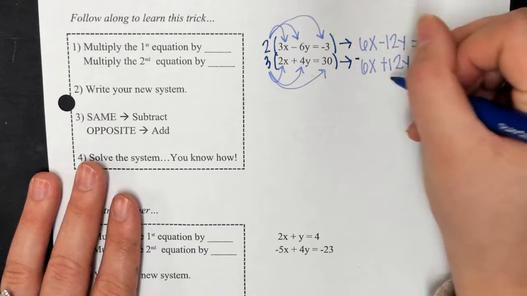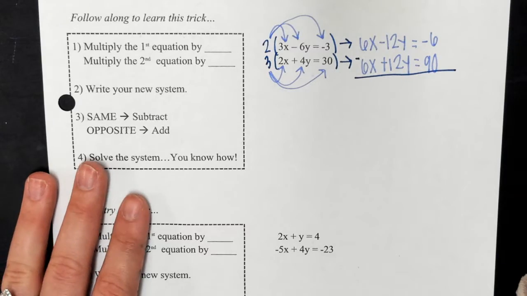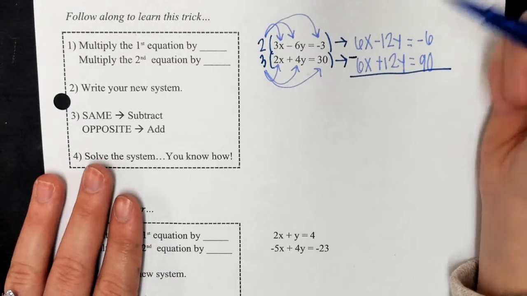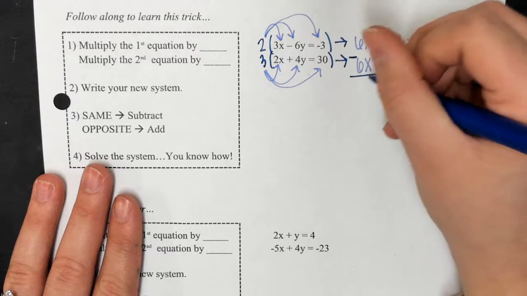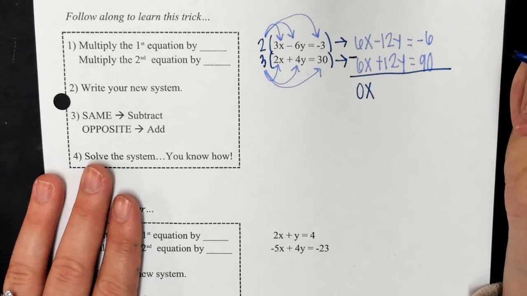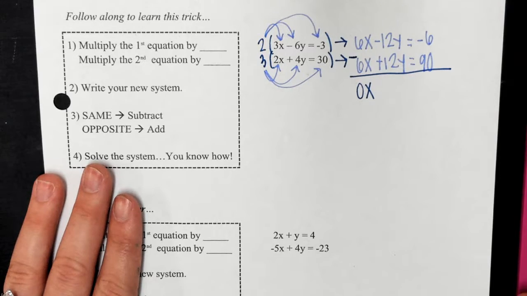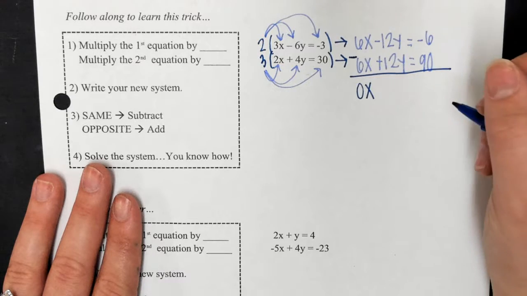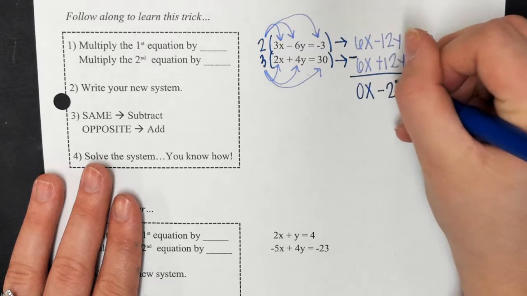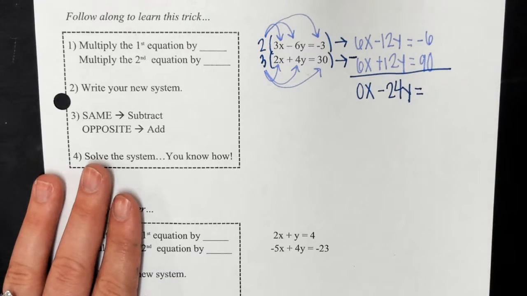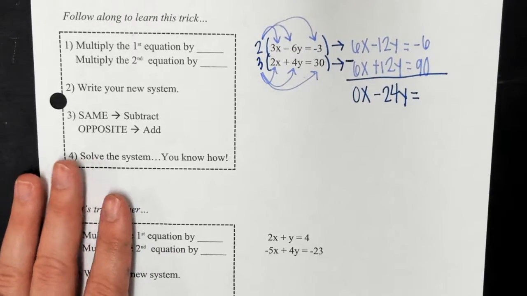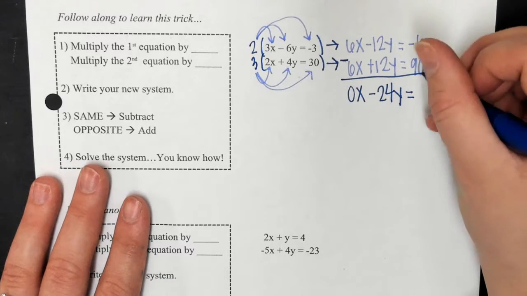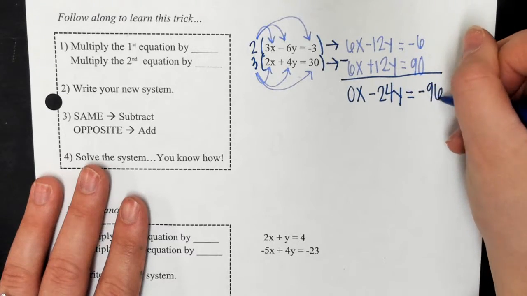Same sign, so subtract. This is where what you learned yesterday comes back in. 6 minus 6 is 0. Negative 12 minus 12 is negative 24y. Negative 6 minus 90 is negative 96.